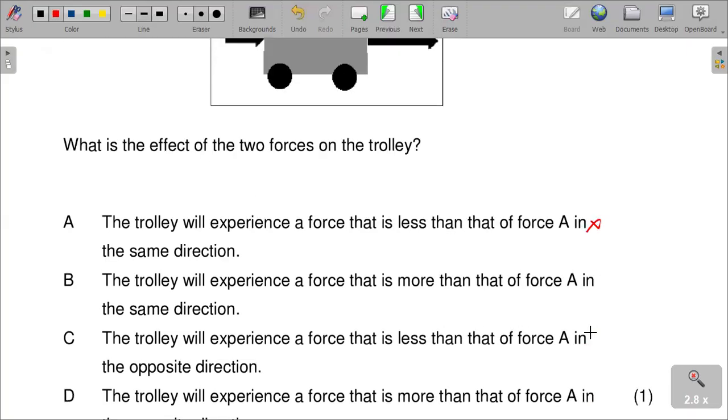The trolley will experience a force that is more than that of force A in the same direction. Of course, as you see, B is also pushing in the same direction, so the answer should be that the trolley will experience a force that is greater than that of force A in the same direction.